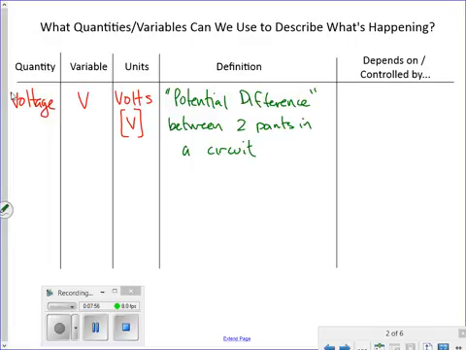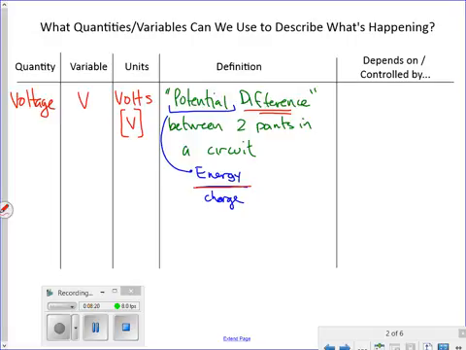Now, potential difference. Potential, by definition, means energy per charge. So when we say voltage, we're talking about difference in energy per charge.